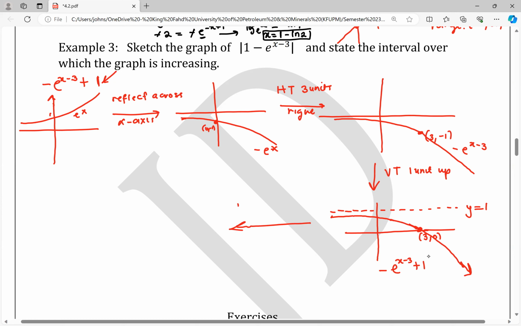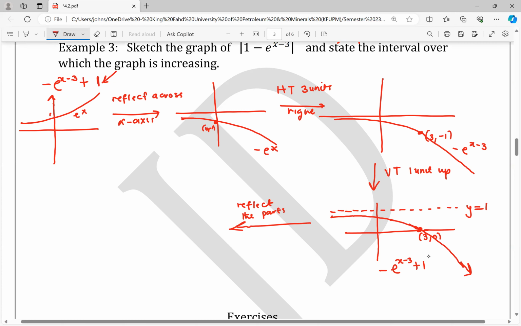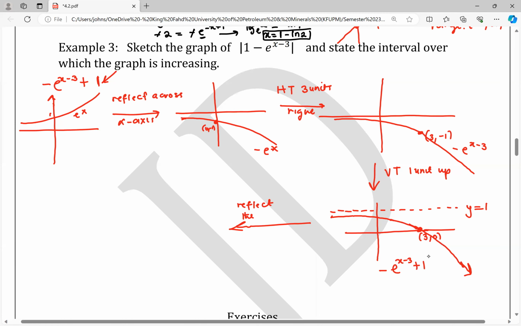So now we have to reflect the part below, the negative parts. Reflect the negative part across the x-axis.